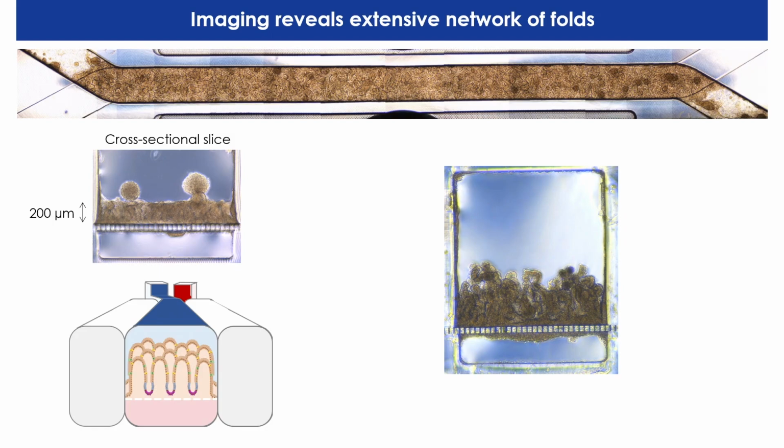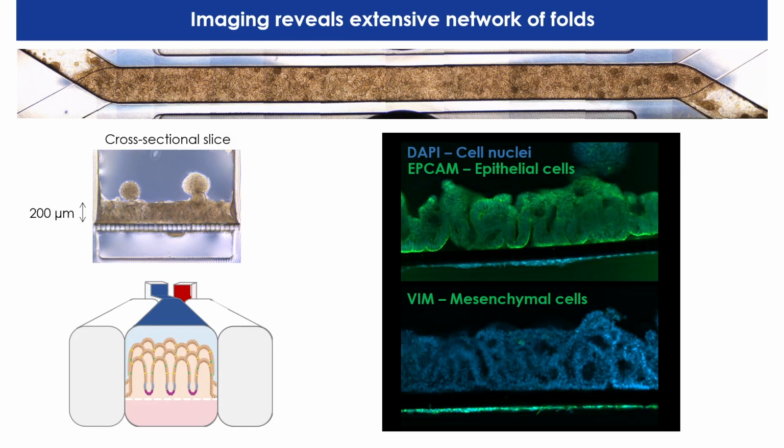So we wanted to characterize what these cells were, and we did so via immunofluorescent staining. As expected, we saw that the epithelial cells were present in the top channel, and the cells that were present in the bottom channel were mesenchymal cells. It might be that these mesenchymal cells still arise from the differentiation, even though we did the sorting for epithelial cells.